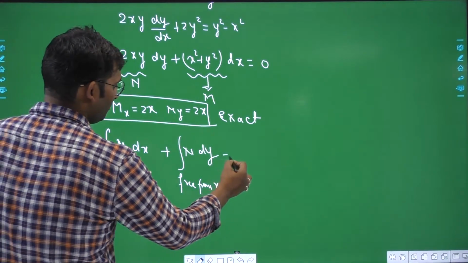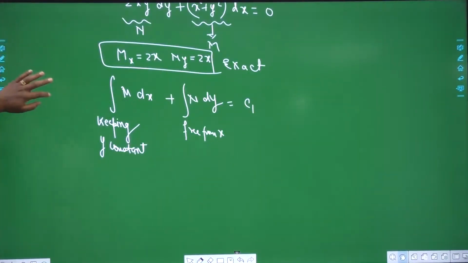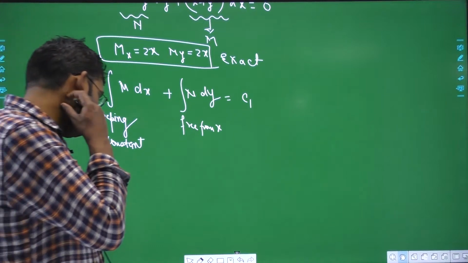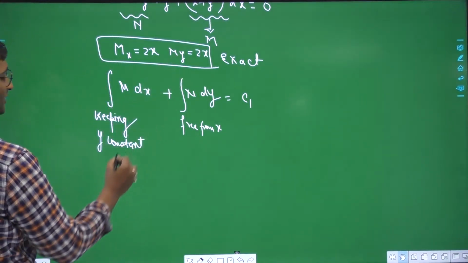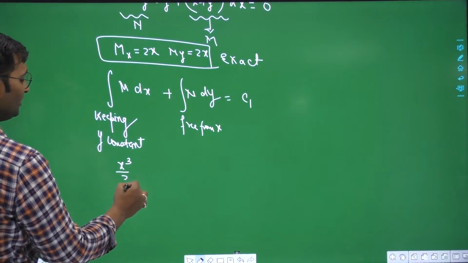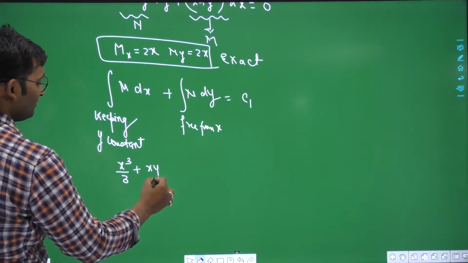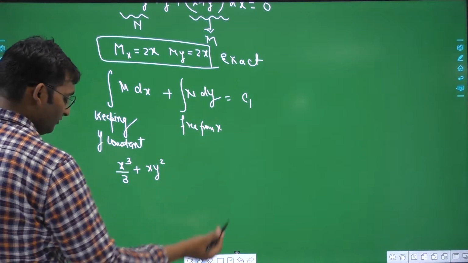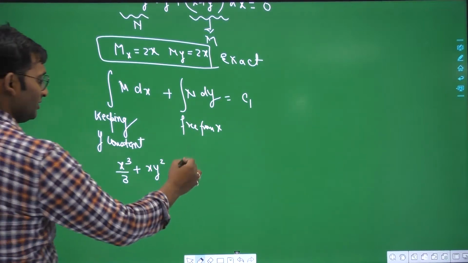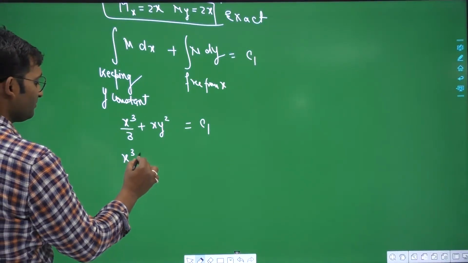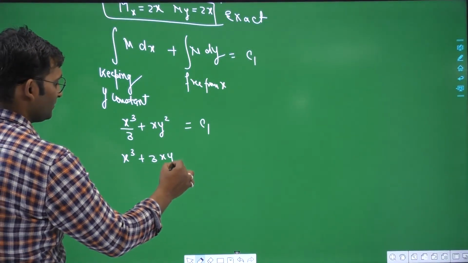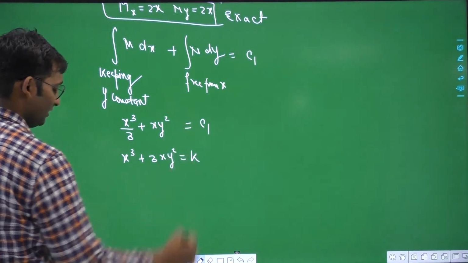This is a shortcut formula that you use. So from M dx, keeping y constant, M is x square plus y square, so you will clearly get x cubed by 3 plus xy square, and free from x there are no terms, so therefore this is 0, so you will get c1. So you will get x cube plus 3xy square is some constant k.